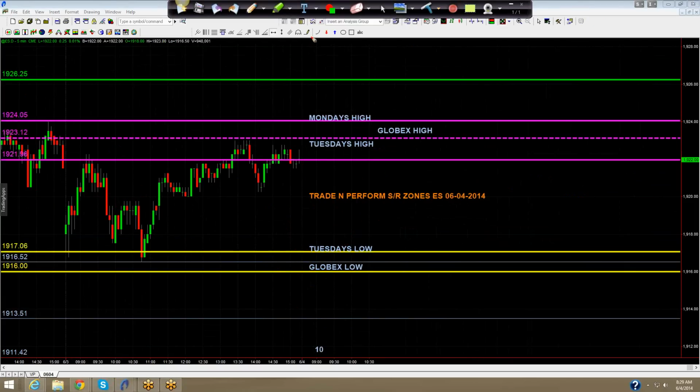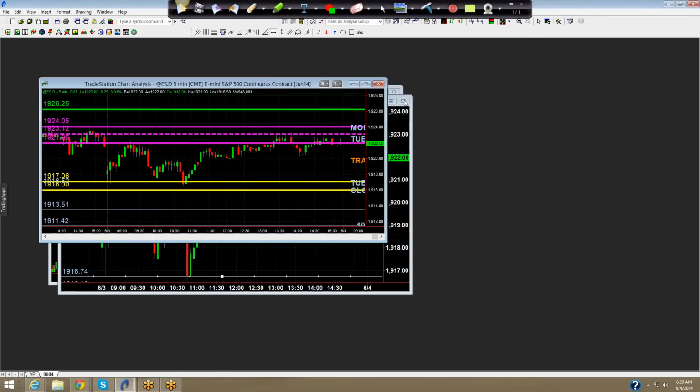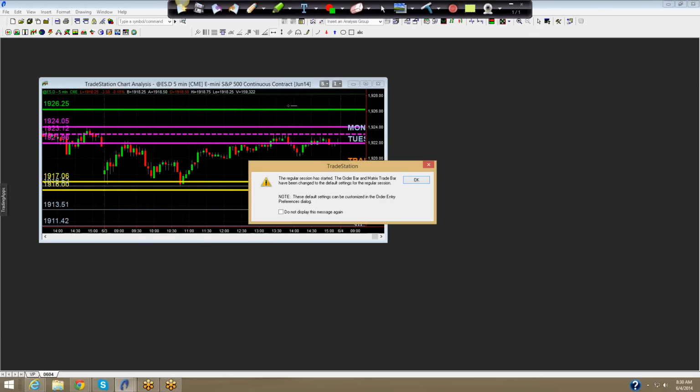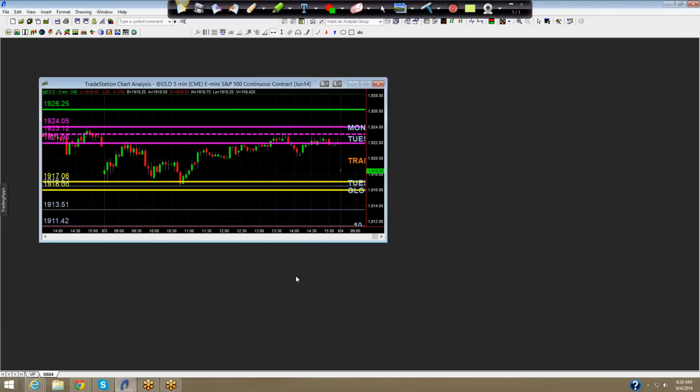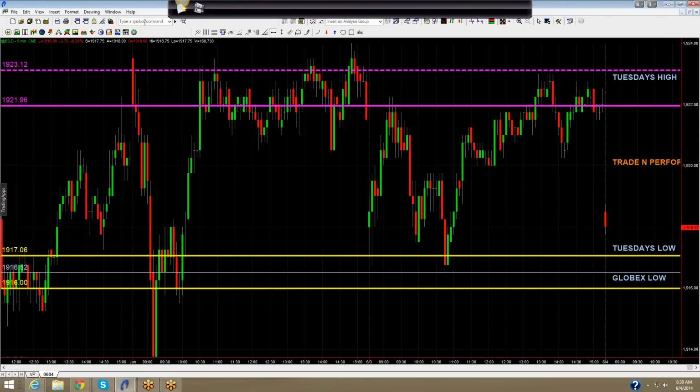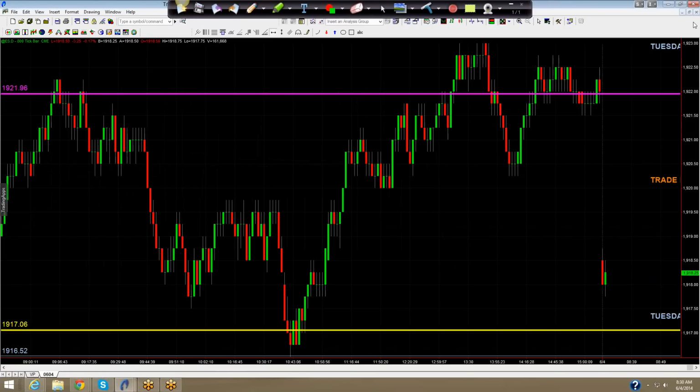Okay. The other thing I want to show you, and I'm going to scrunch this up real quick. Hold on one sec. I got to take care of this chart real quick. Done. Save it so I don't lose my work. That's not what I wanted to have happen, but that's fine.